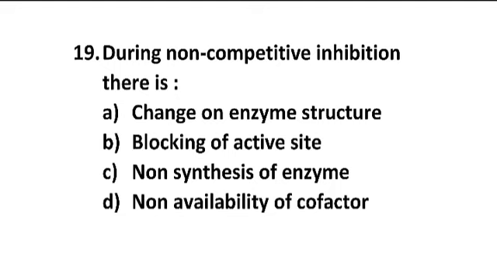In contrast to competitive inhibition, in non-competitive inhibition, inhibition occurs at allosteric site, that is control site, not on active site of the enzyme. So it changes the enzyme structure. So option A, that is change on enzyme structure, is correct.